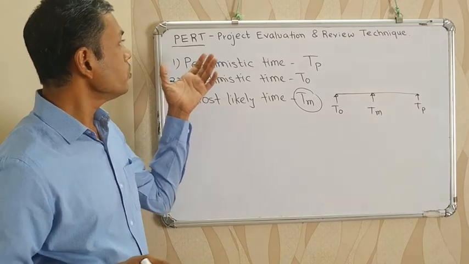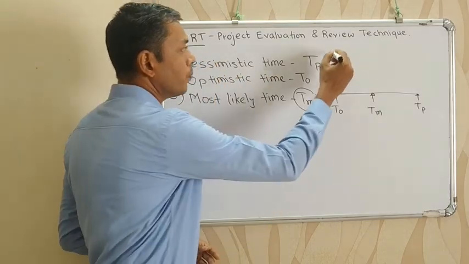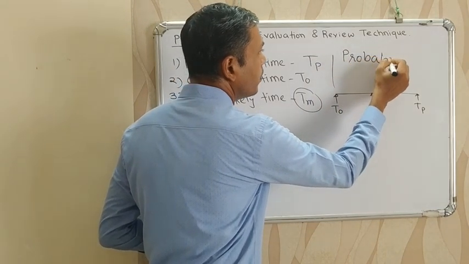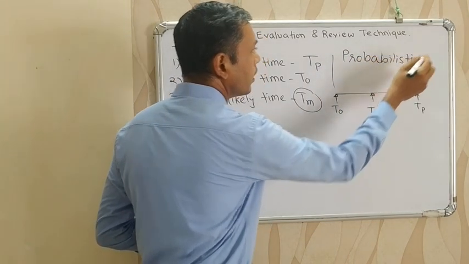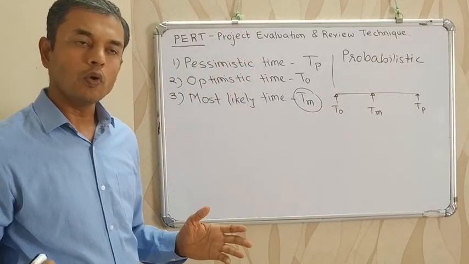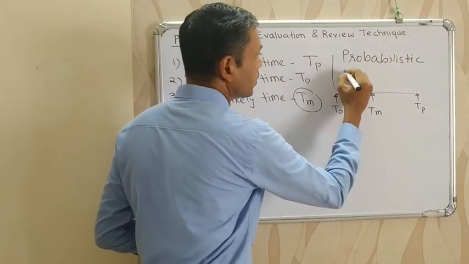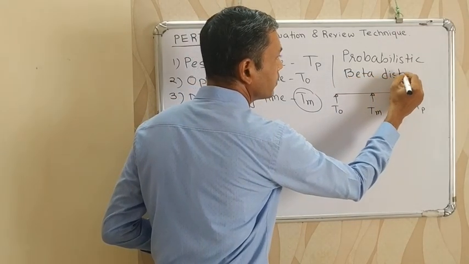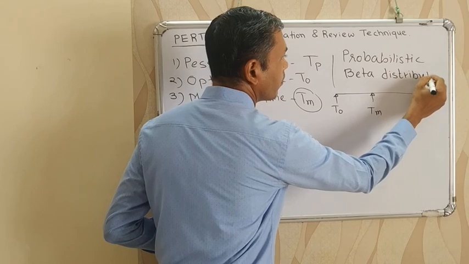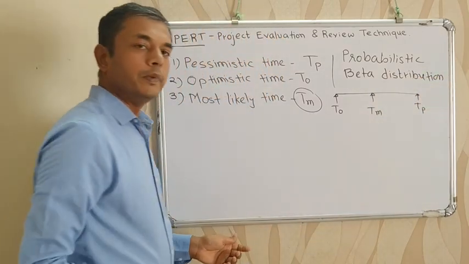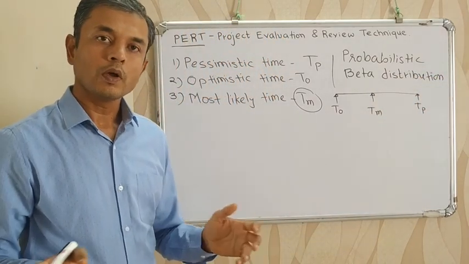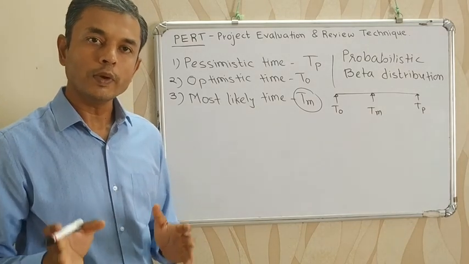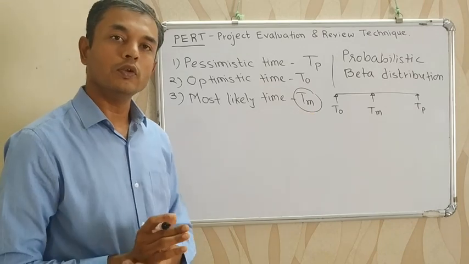So as we have discussed earlier, project evaluation and review technique is probabilistic in nature, and so it follows beta distribution. Beta distribution is a uniform smooth normal distribution, you can say, where we give maximum weightage to mean value.